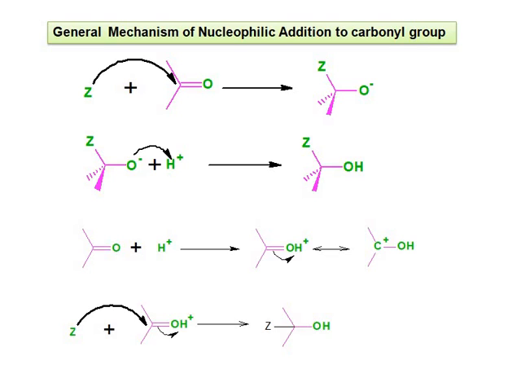In this reaction, the trigonal nature of the carbon atom changes into tetrahedral nature, and hence it is called the tetrahedral mechanism.